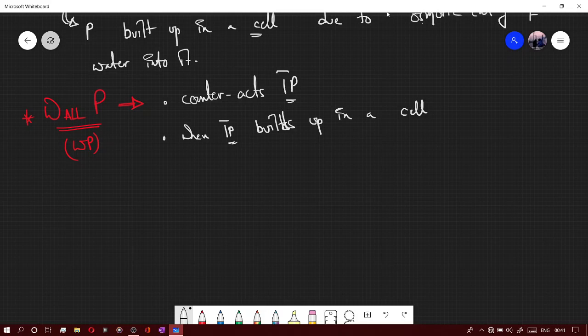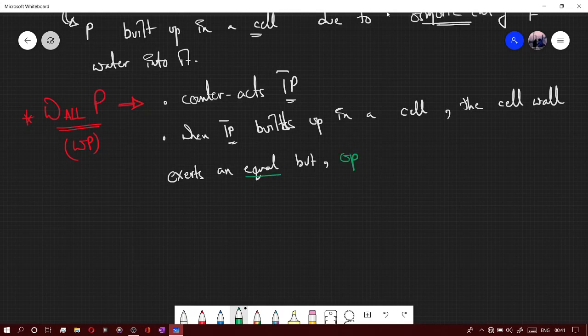Then the cell wall exerts an equal but opposite pressure to that of the Turgor pressure, and this is called the wall pressure.